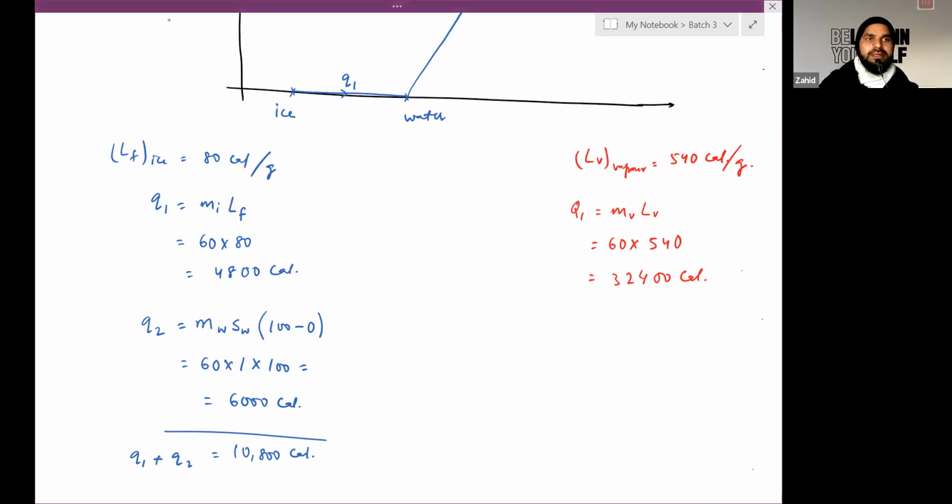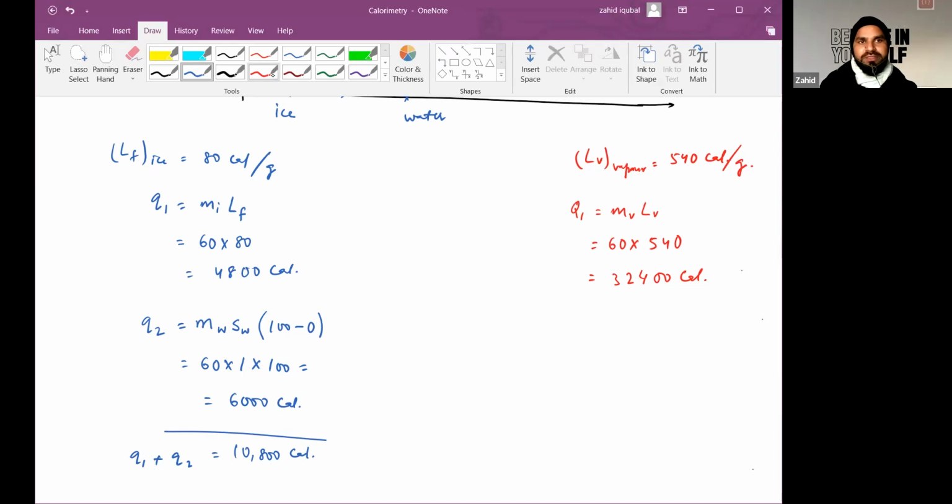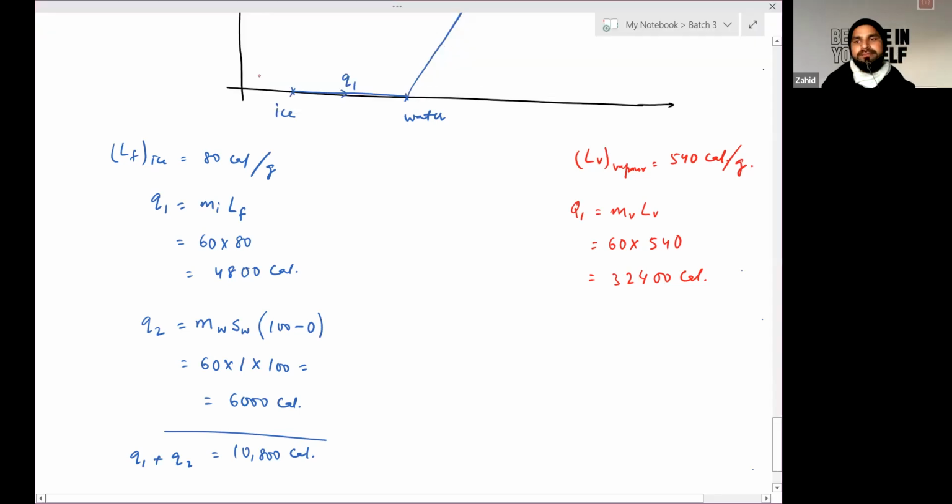Now just compare: do we have more heat energy left in this particular system? We have 32,400 calorie heat energy in this system. But for this conversion of ice into water, we required just 10,800 calorie.